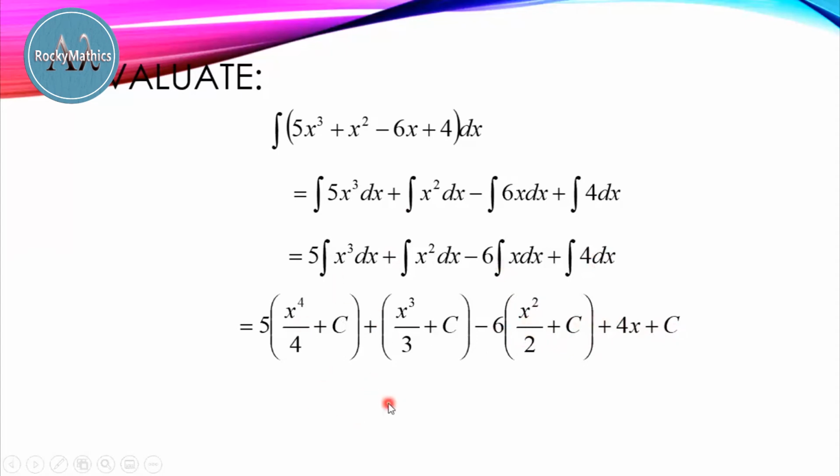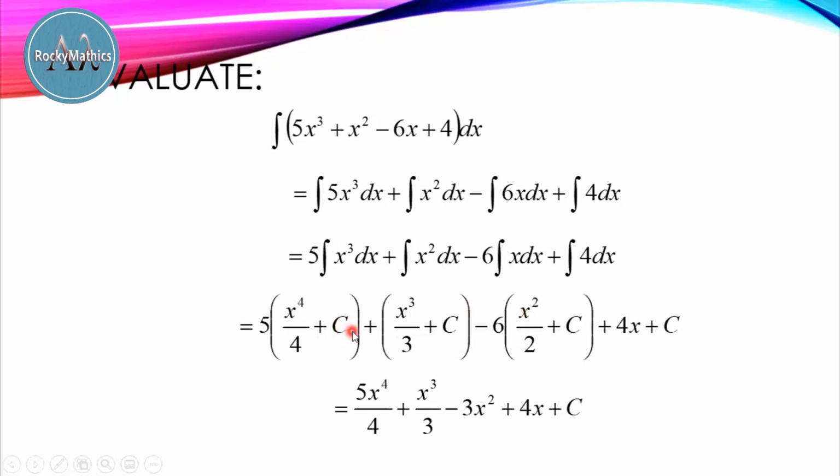Simplifying this whole expression, we have 5x raised to 4. And maybe you will ask, Ma'am, where is the c? The first c, the second c, and the third c. Since c1, c2, c3, and c4 are just constants, we can treat them as one constant only.